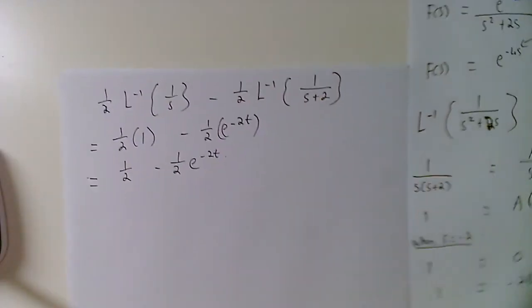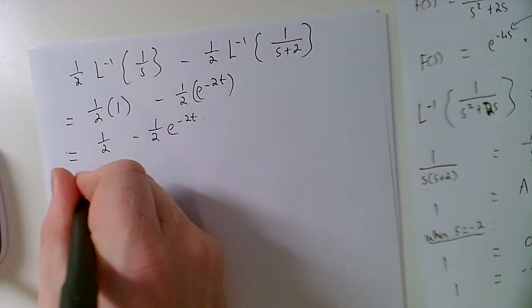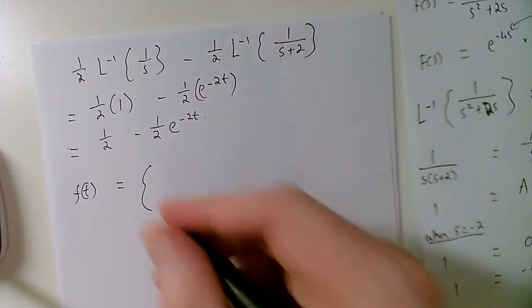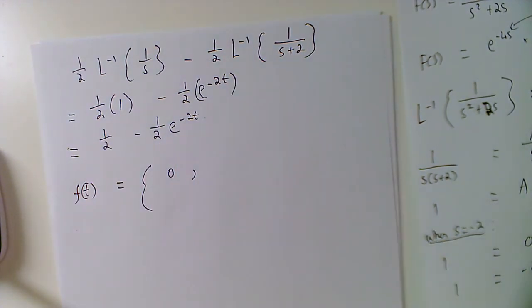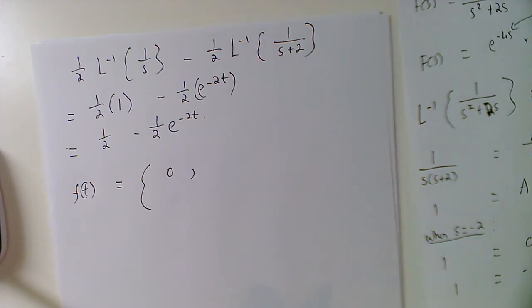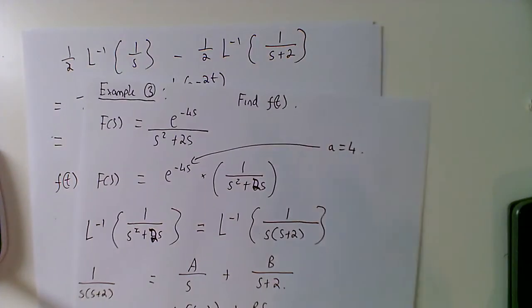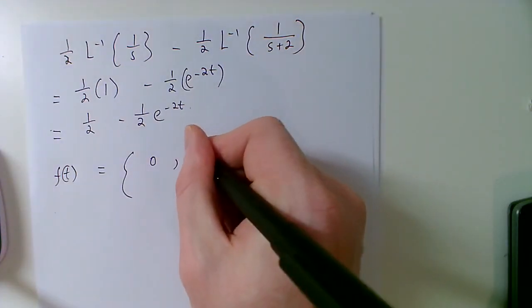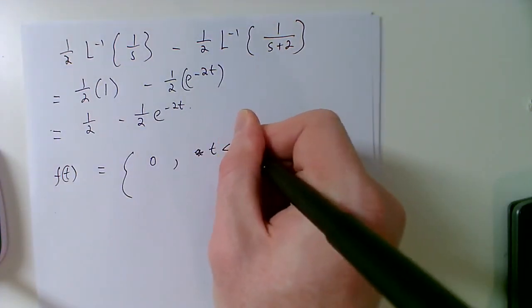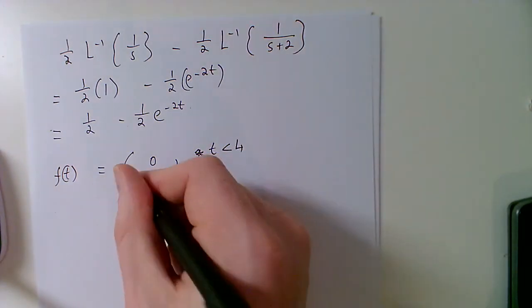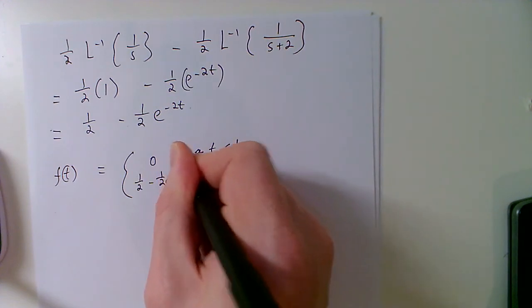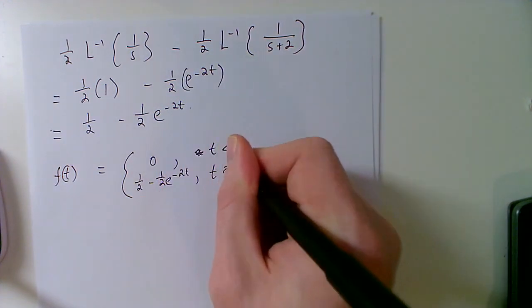Right, so I've now got my inverse Laplace transform. So that means that my function is 0 everywhere until my time a, which was 4. So it's 0 everywhere until 4, and then it's a half, take away a half e to the power of negative 2t for t greater than or equal to 4.